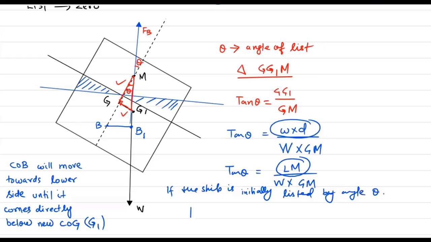So list moment हो जाएगा ILM, यानी initial list moment. And the value of ILM will be W into GM into tan theta. इसको जरा याद रखो, कई बार दिया रहेगा.